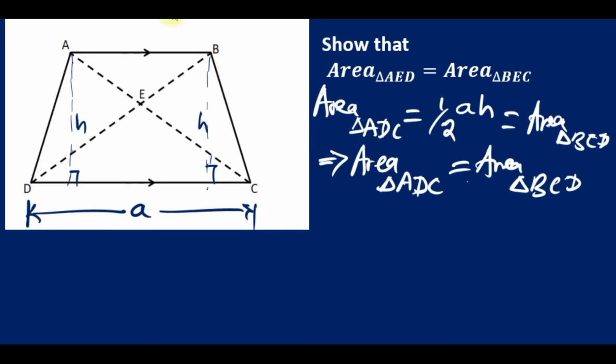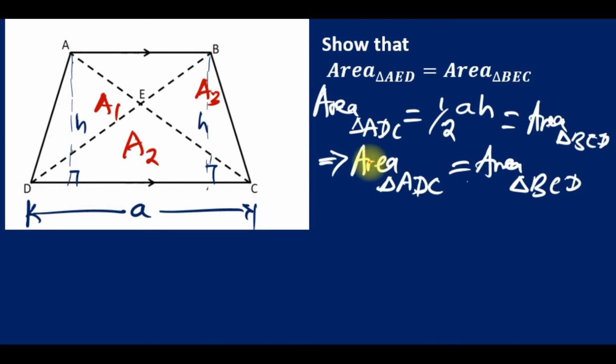So let the area of triangle AED be A1, the area of triangle DEC be A2, and finally the area of this be A3, BEC.